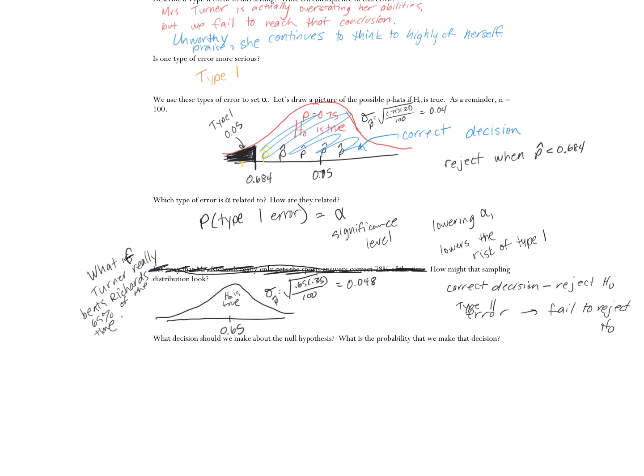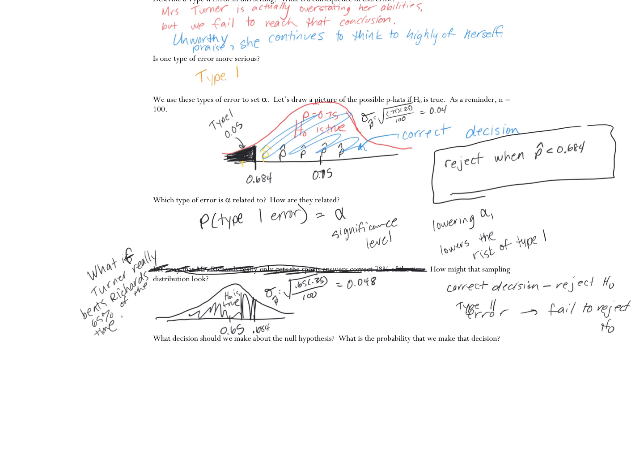You guys, when are we going to reject the null hypothesis? We've already figured that out. Is everybody with me? Okay, so if we're going to reject when we get a p hat less than 0.684, we found it up here, when we did that inverse norm.